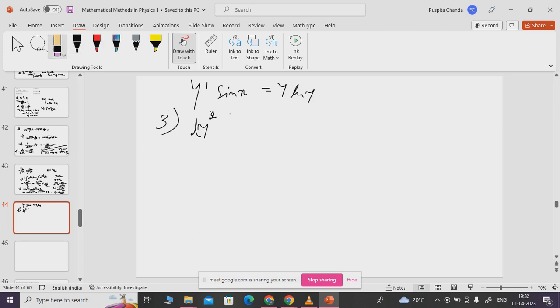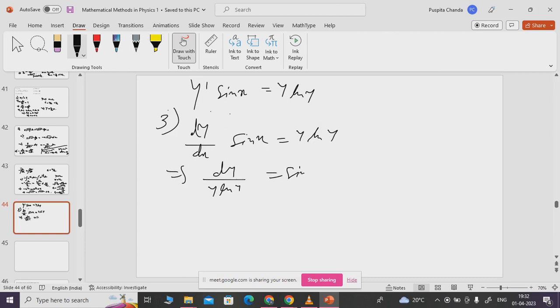Question number 3 is y dash sin x is equal to y ln y. y dash is equal to dy by dx, so sin x dy by dx is equal to y ln y.